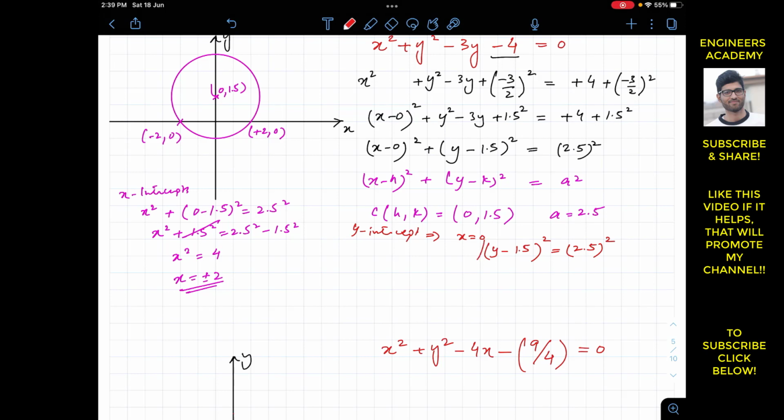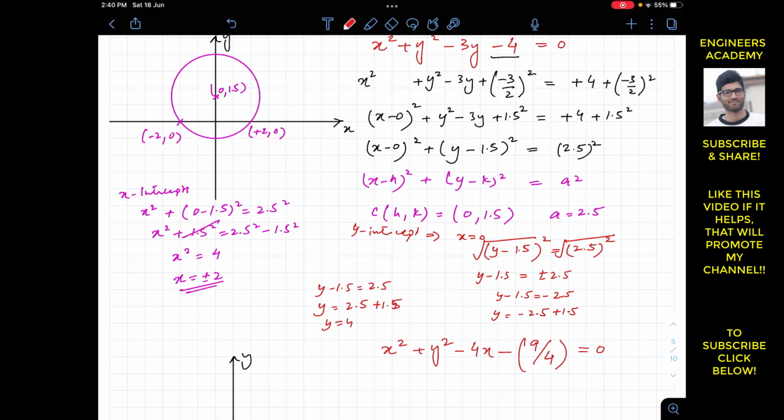Now if we take the square root on both sides, we will have y − 1.5 = plus minus 2.5. So y − 1.5 = 2.5, and y − 1.5 = −2.5. So this will be 2.5 + 1.5, which gives us y = 4, and similarly this will be −2.5 + 1.5.